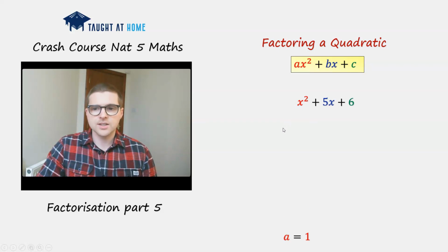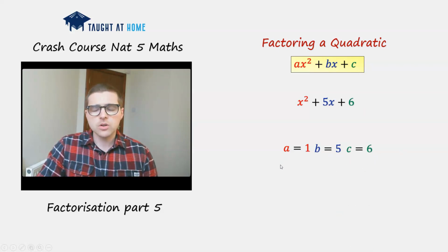So in this case, the a will be 1, if we're comparing it to the general form. What will b be? Well, b will be 5. And c will be 6. So we call this a unitary quadratic because the leading coefficient a is 1.